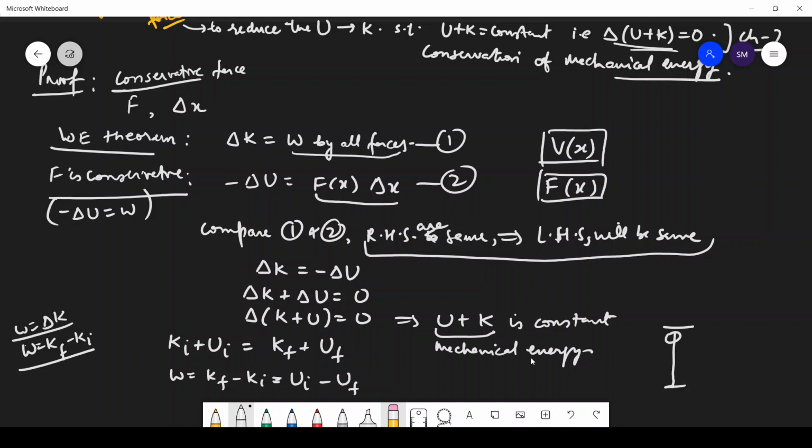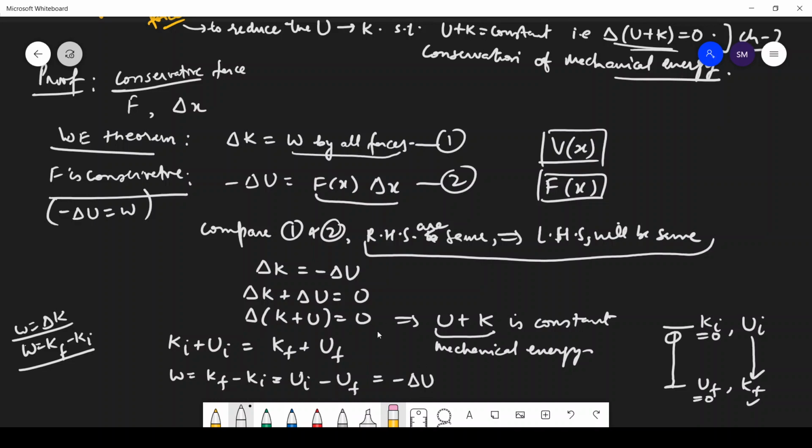If this is the ball over here, coming down, this was kinetic energy here and this is uf here. So here this thing was 0 and here this thing is 0. So it means this energy is converted into this energy. And this again you can write as minus delta u.